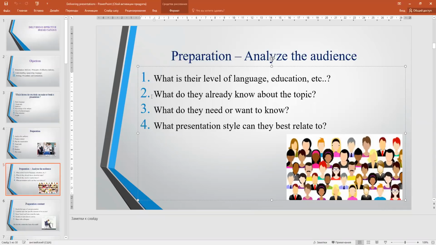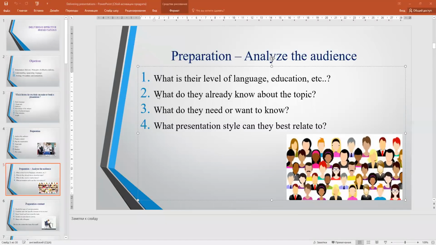And then the second one is, what do they already know about the topic? If you encounter the same repeated things again and again, you get bored, and you also get disappointed. Repeating is not such a good learning habit.